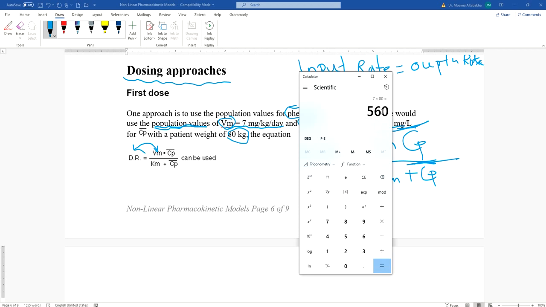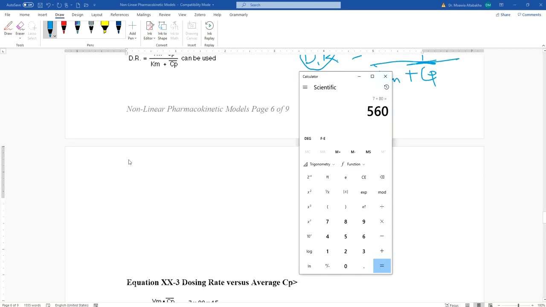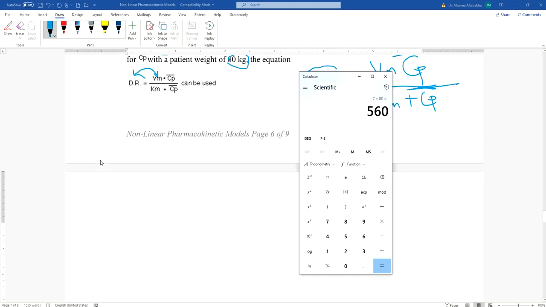So the Vm, which is actually from the population data, is 560. 560 what? What is the unit here? Since I multiplied by 80 kilogram, the kilogram cancels with this kilogram, so you end up with 560 milligram per day.